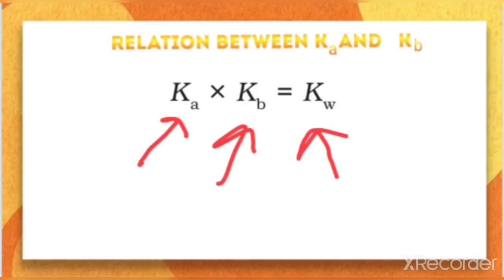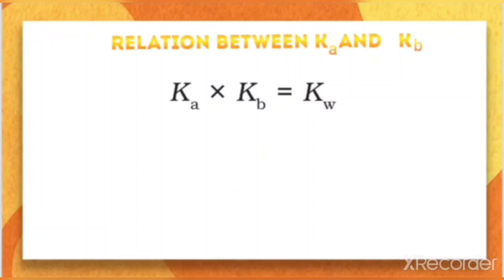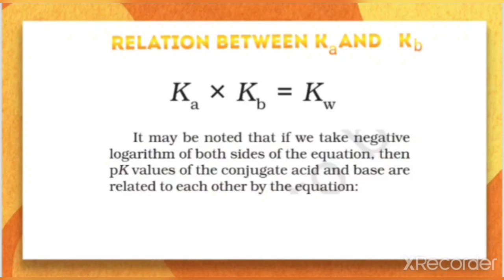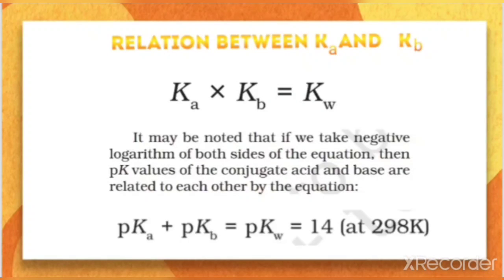Here, when we take the negative logarithm on both sides of this equation, we get the pK values of the conjugate acid and base related to each other by this equation: pKa plus pKb is equal to pKw, which is equal to 14 at 298 Kelvin. We have already derived that the pKw value at 298 Kelvin is equal to 14.